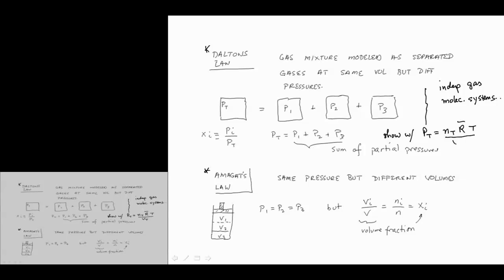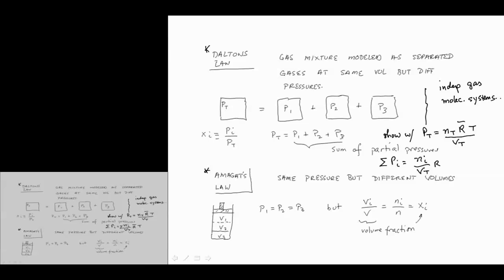So if P total is equal to that, clearly it's the sum of the Pi's, where each individual one is Ni over V total times the universal gas constant times T. They're all the same temperature, they all occupy the same volume, and so Pi is equal to that.